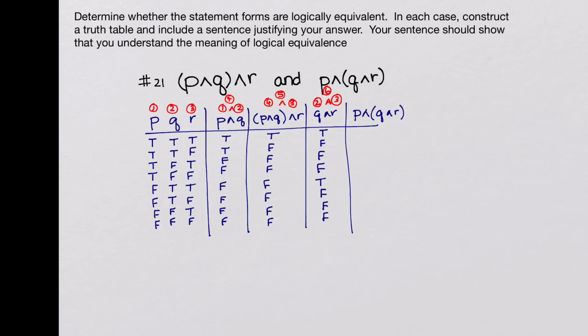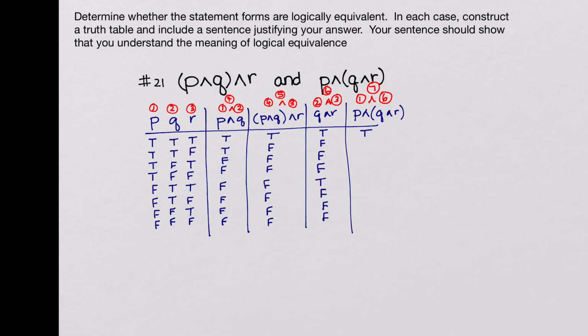Okay. So now for my final column, I'm going to join together column 1 and column 6 that we just created. This will make column 7. And I'm looking at true and true, and that makes true. And in every other case, let's see, we have true, true, true here for P, but these three are all false.